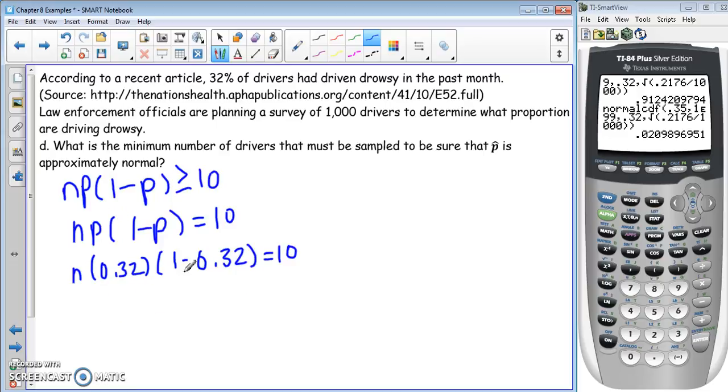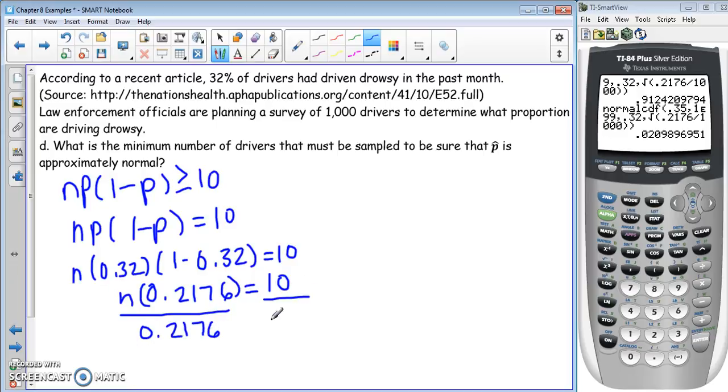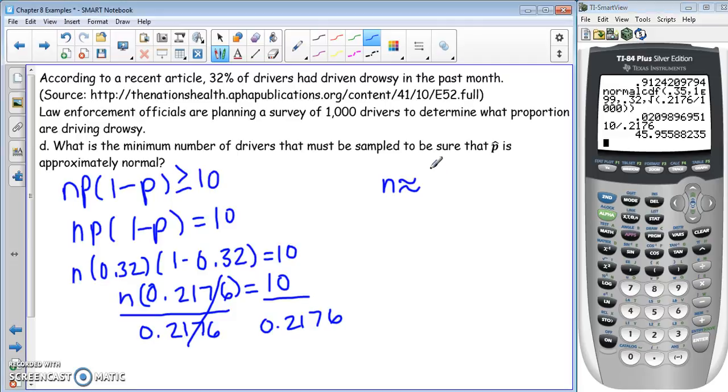Remember before, p times 1 minus p was 0.2176. So n is multiplied by that value, so we can divide, and that gets n by itself. So n is approximately equal to 10 divided by 0.2176, which is 45.96.